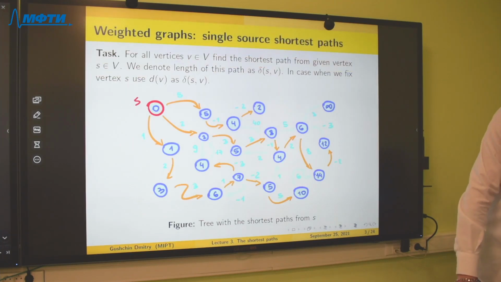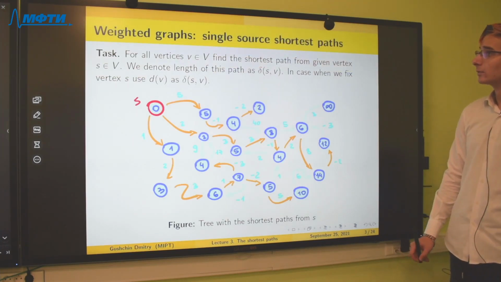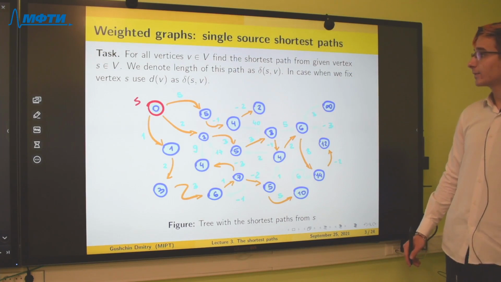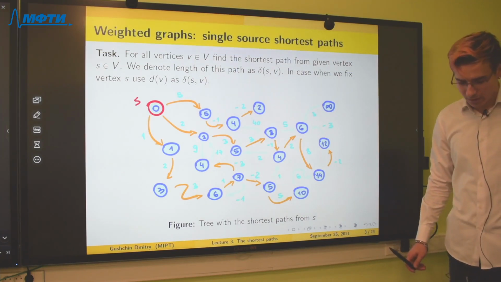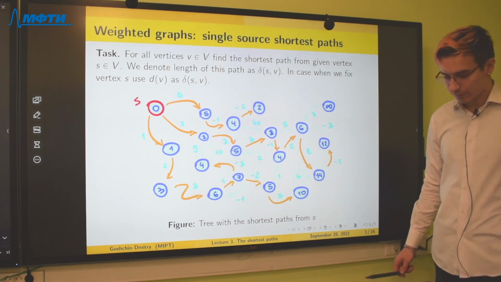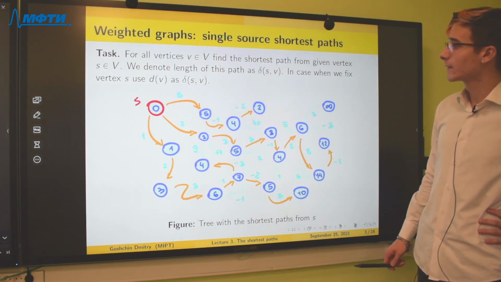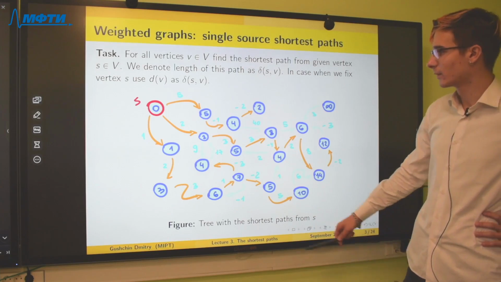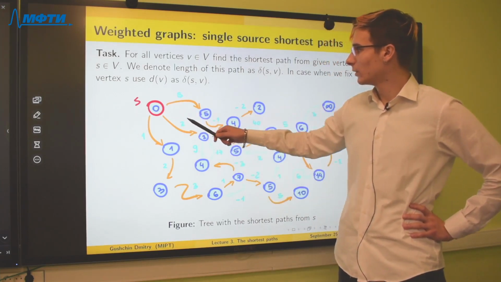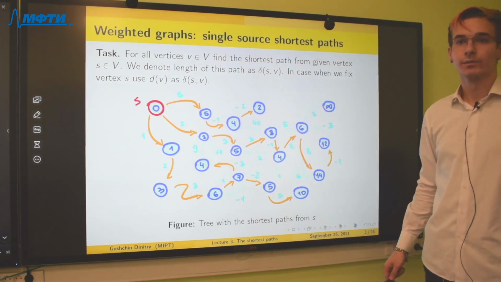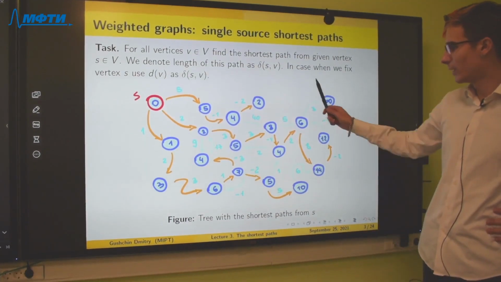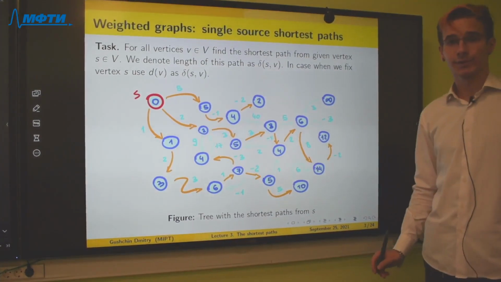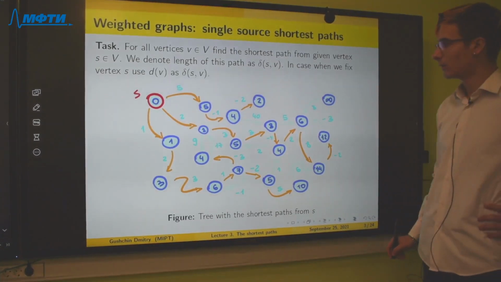About the first task we solved today, single source shortest path, we want to find all ways from the source, a given vertex, to all other vertices.